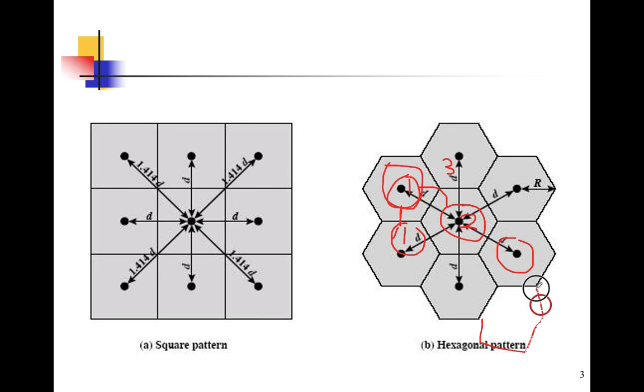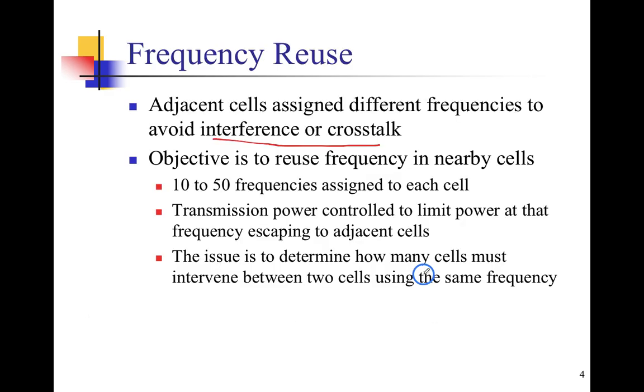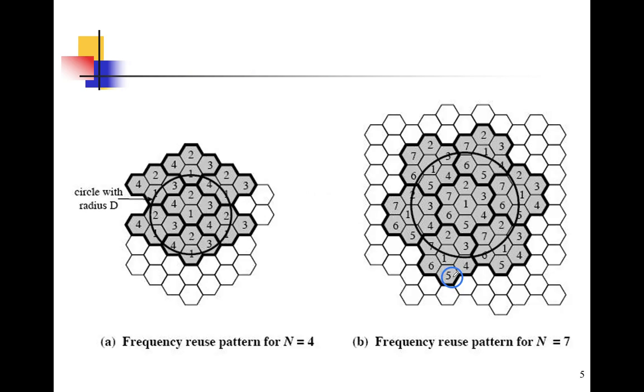I can reuse that frequency, and this frequency is adjacent with maybe frequency number 7, and this is number 8 maybe. So they will not have interference between them. The issue is to determine how many cells must intervene between two cells using the same frequency. So this one will be answered.